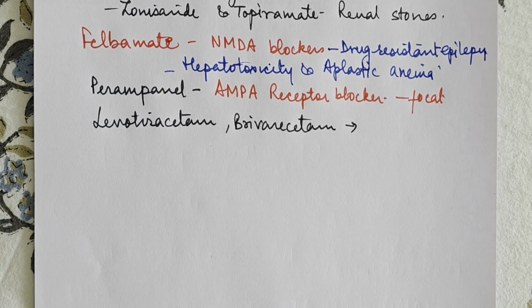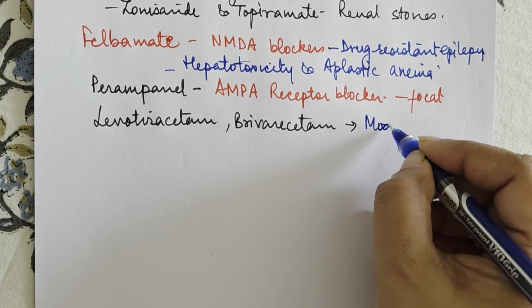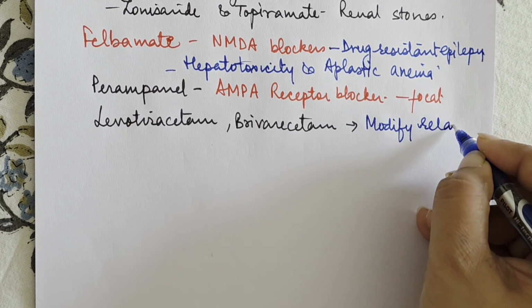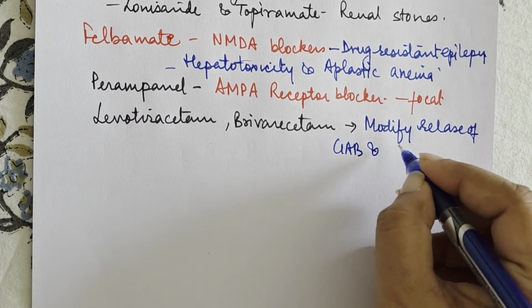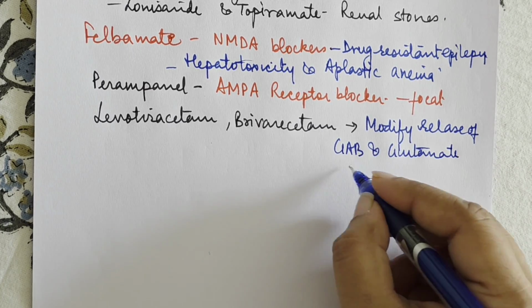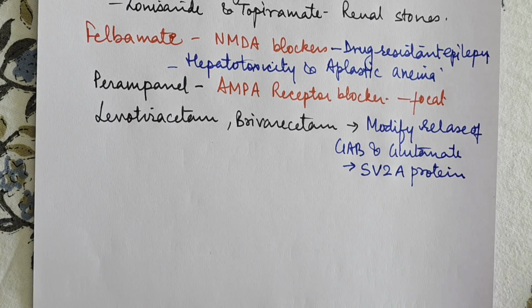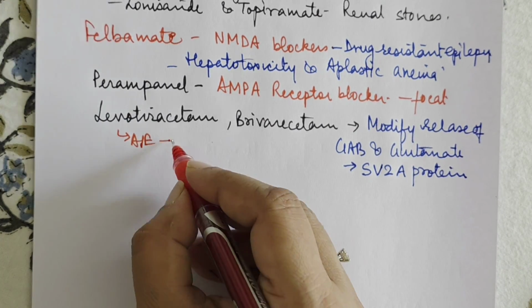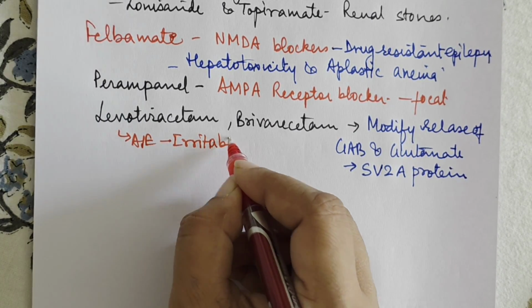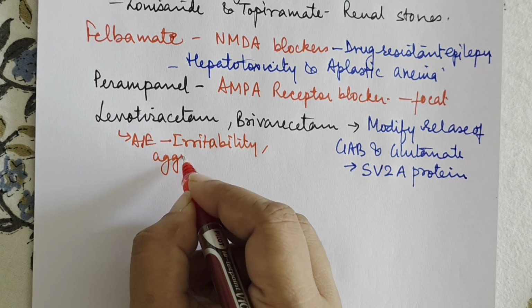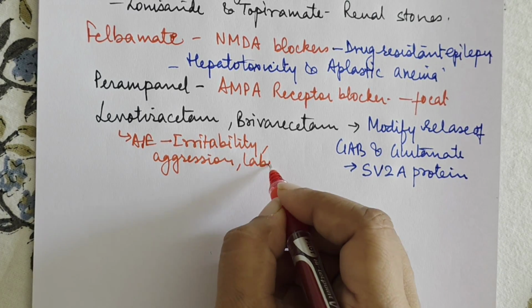These are two drugs which modify the release of GABA and glutamate by attaching to the synaptic vesicular 2A protein, right? The adverse effects are CNS adverse effects like irritability, aggression, and lability of mood.